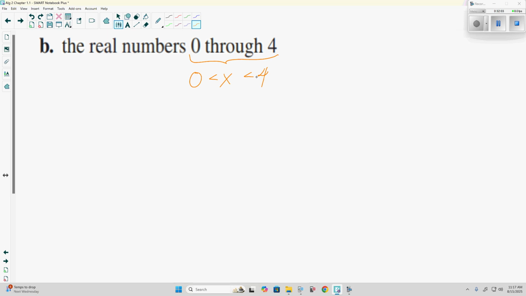Can it be equal to 0 and 4? Yeah, because it's 0 through 4. So we'd have the equal to sign. We have this statement, yes? You ready to write it as set builder? We have the inequality there, don't we?